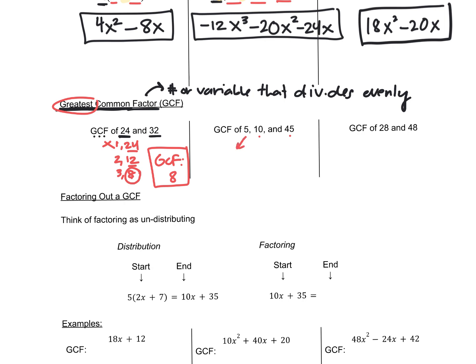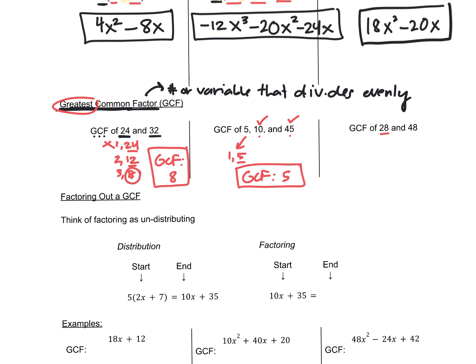The only factors I can think of for 5 are 1 and 5. It's a prime number. It doesn't have very many factors. So I check those two numbers. I'm looking for the biggest, so I'm going to check 5. Does 5 divide into 10? Yes. Does 5 divide into 45? Yes. So the greatest common factor is 5.